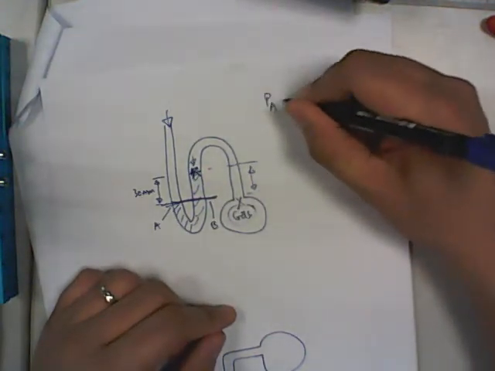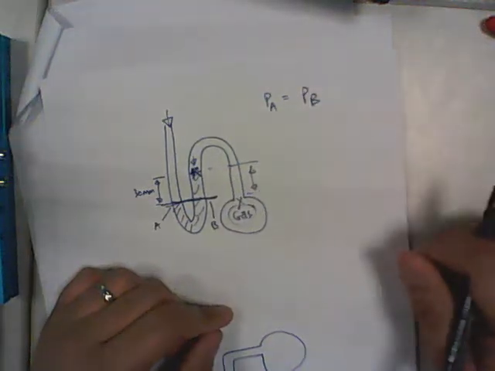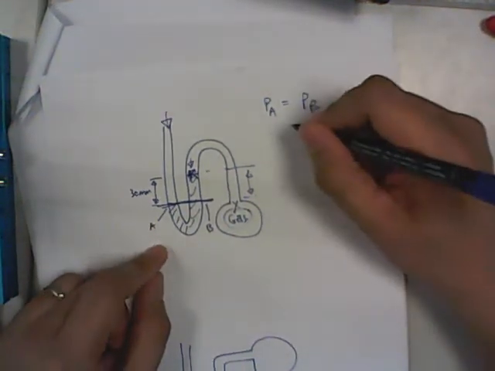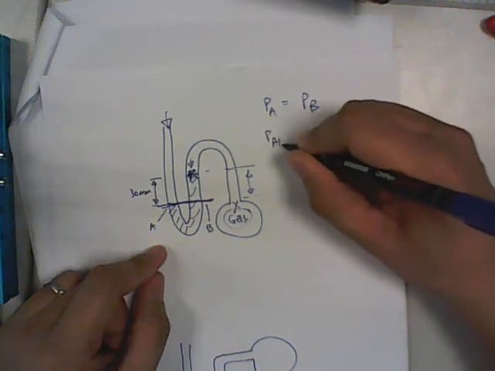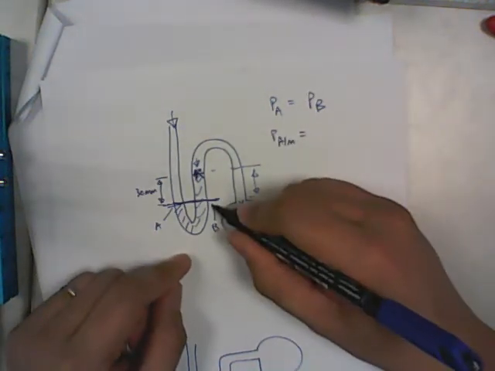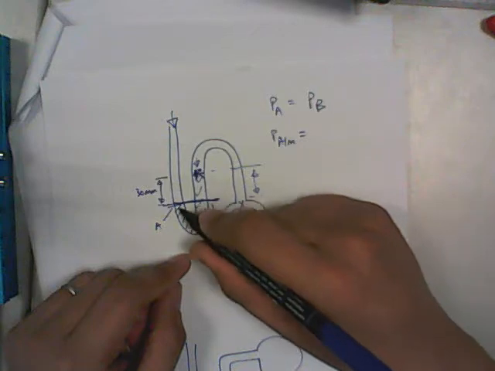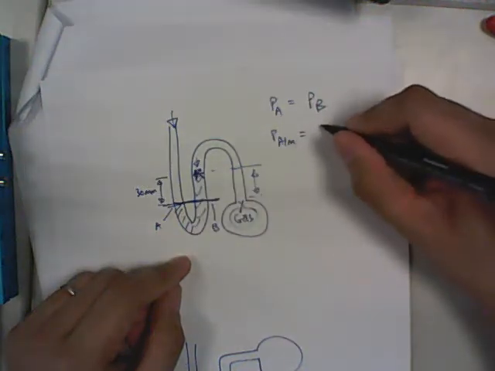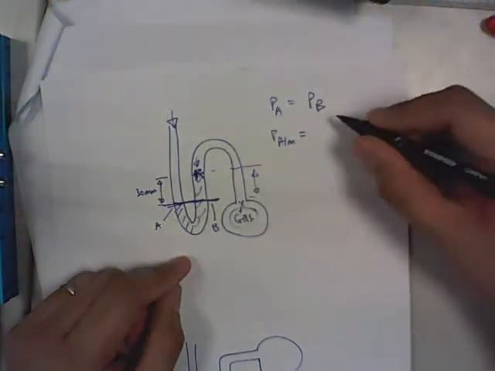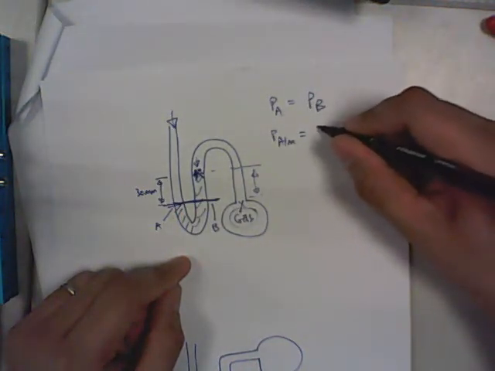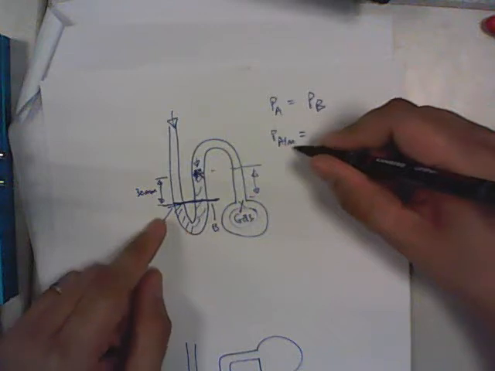So you can say that PA equals PB. And PA is the pressure here, which is simply the atmospheric pressure. And PB, since it's the same, then it has to be equal to atmospheric pressure.